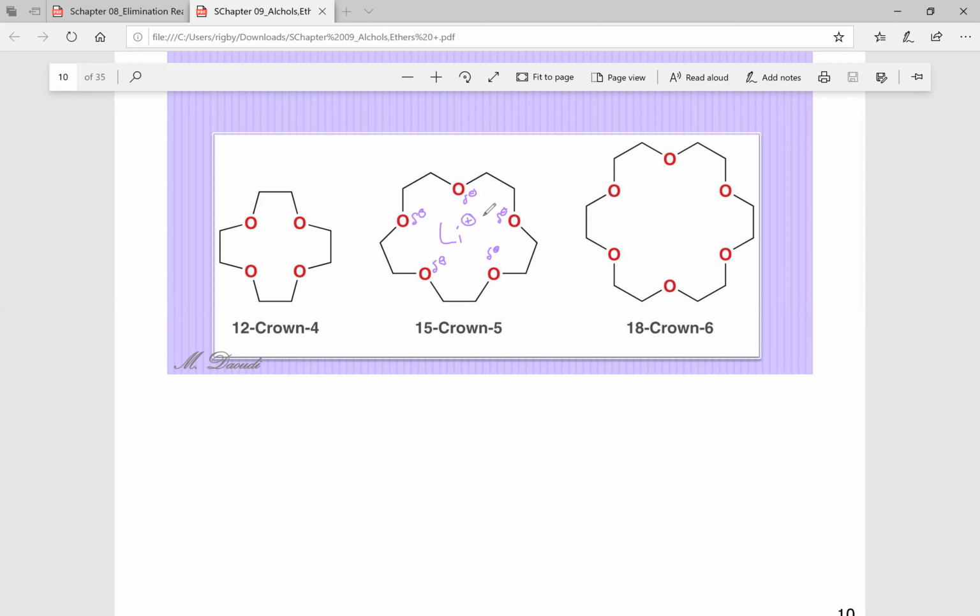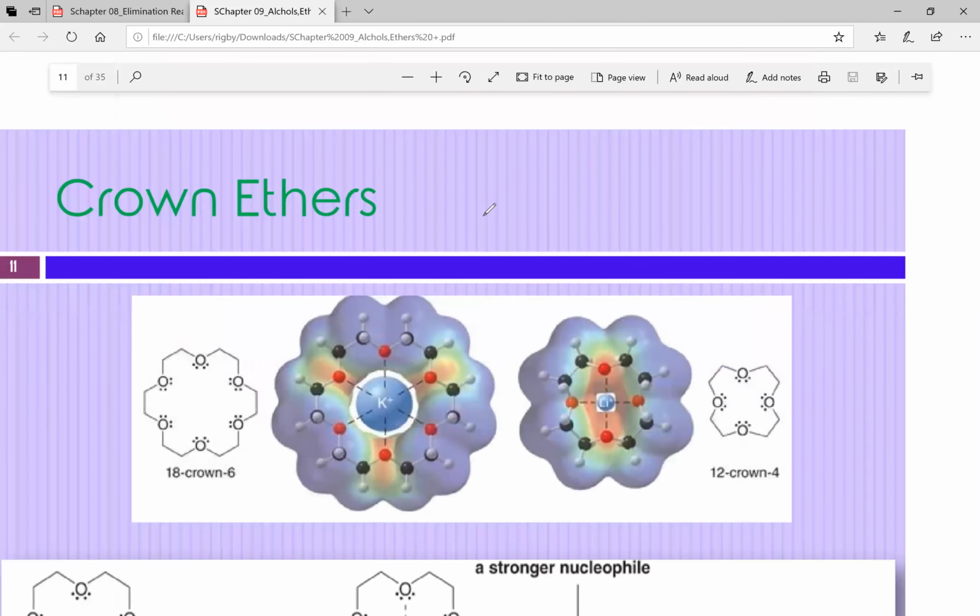And then different types of crown ethers will separate different types of cations, where the bigger the crown, the bigger the cation, and you can see this in the periodic table. I don't have it memorized, but I think they do have an example up here where we can see that the K, the potassium ion, is much bigger than the lithium ion, so it takes a larger crown to sort of trap it, okay?